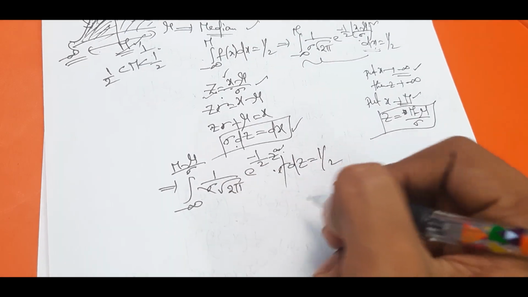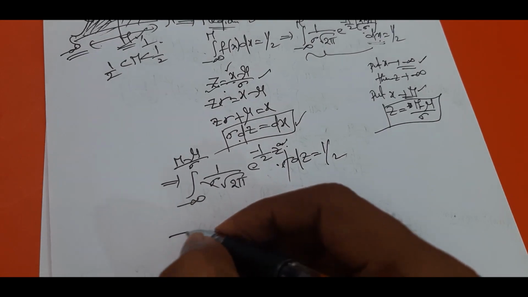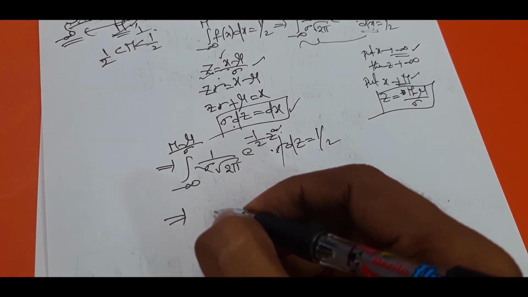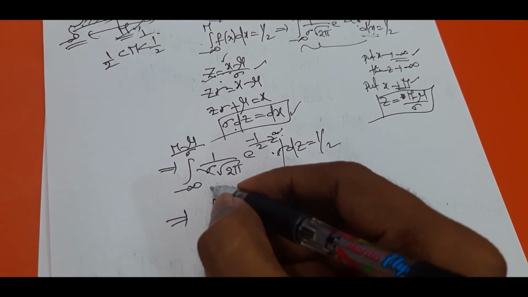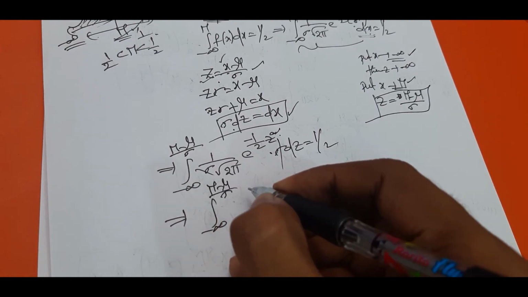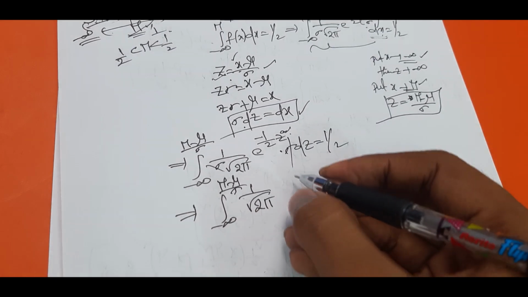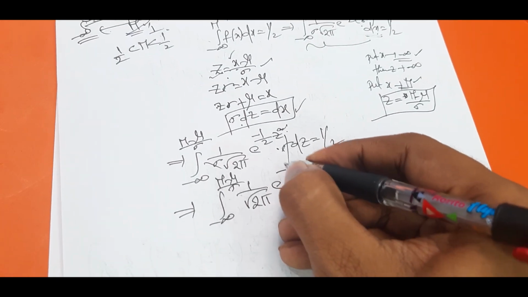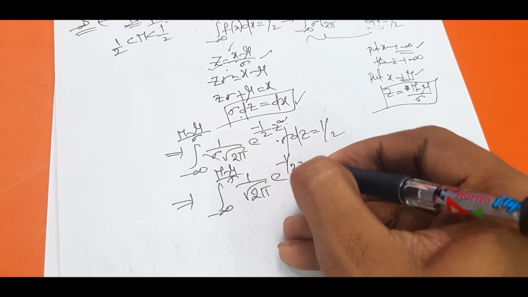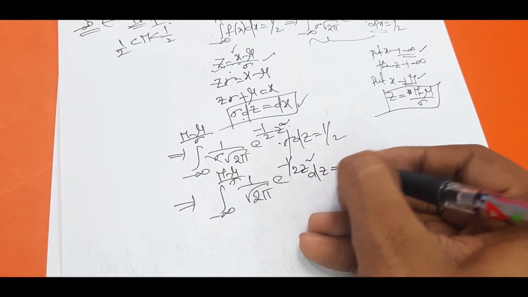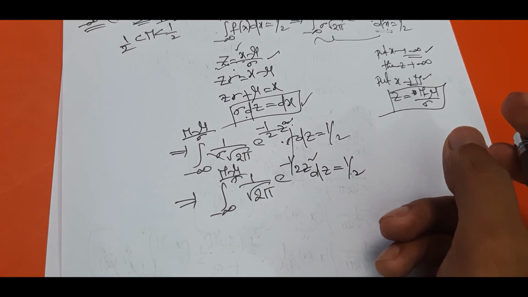Here the sigma cancels, so this becomes the integration from minus infinity to m minus mu divided by sigma of 1 by root 2 pi e power minus 1 divided by 2 z square dz, equal to 1 divided by 2.